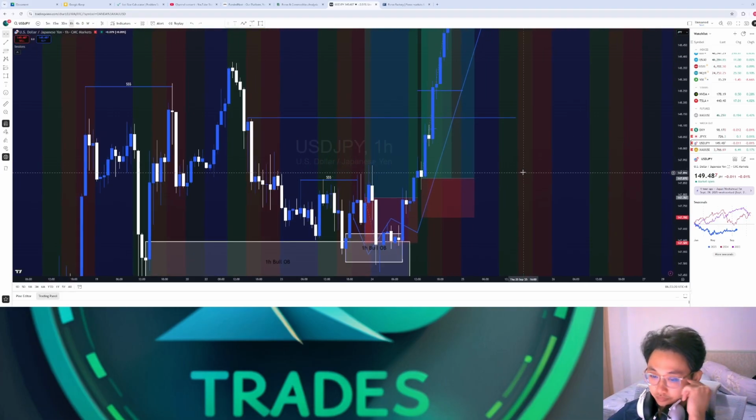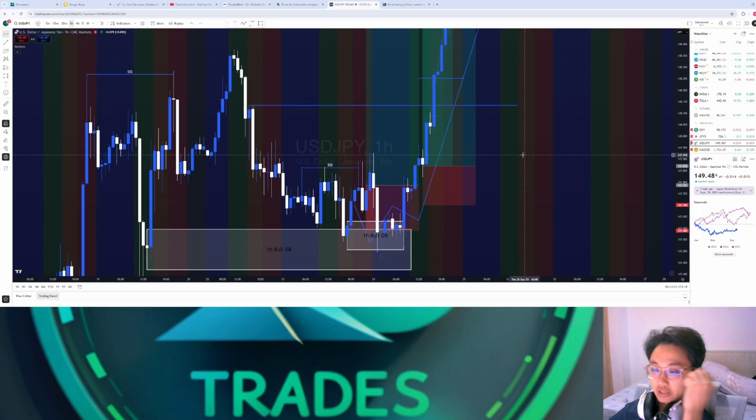So yeah, I guess the main thing that we had to look out for, for this trade, is mitigation of this 1-hour bearish OB, followed by the retest.